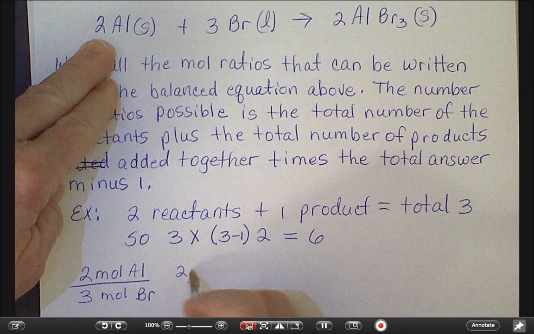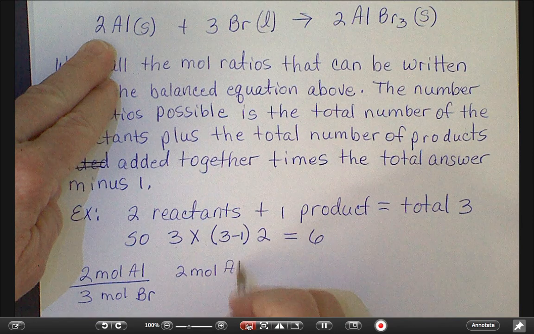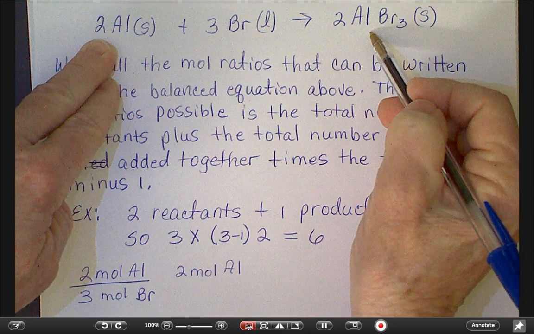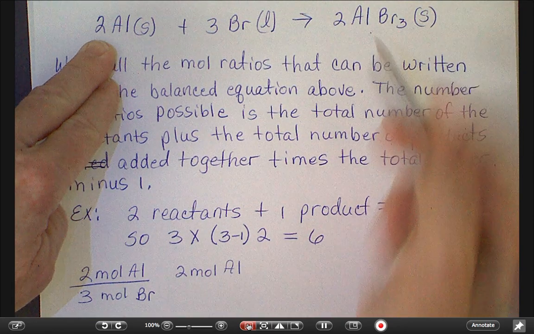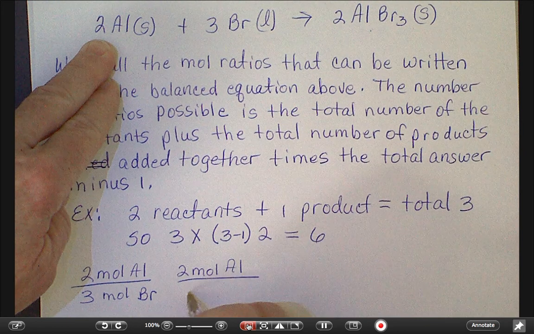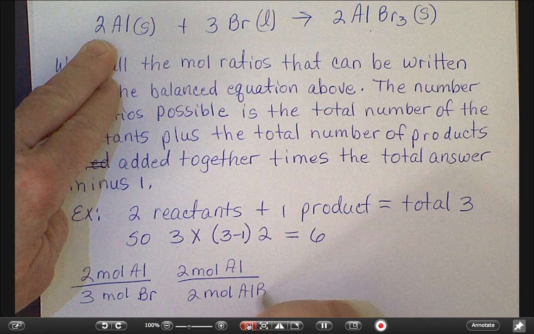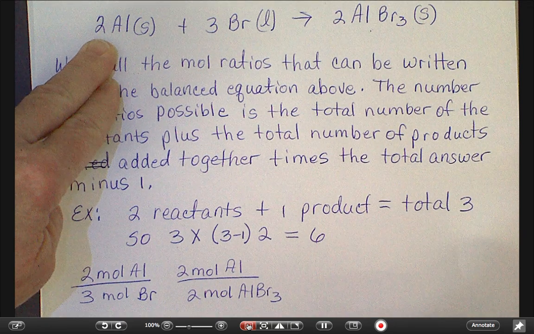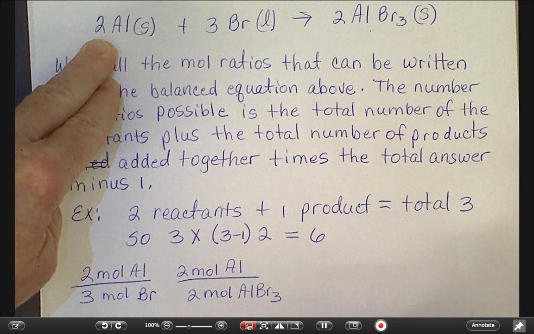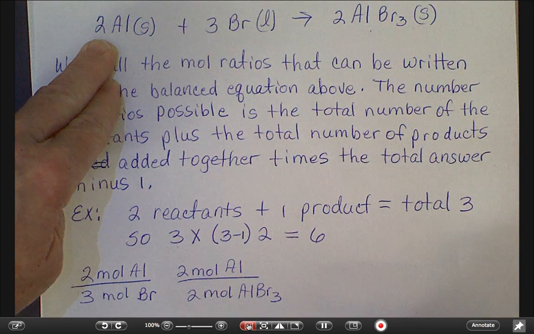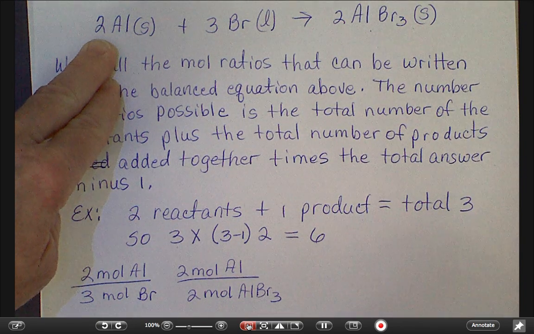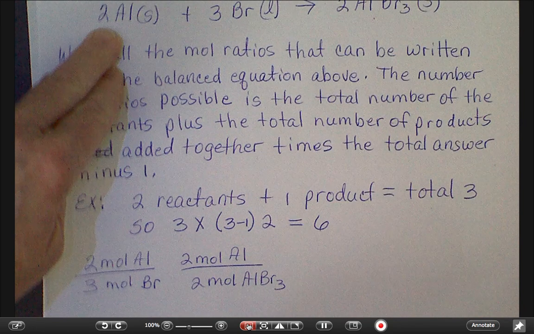So 2 mole of Al to what? This one right here. Yes, to 2 mole AlBr3. And I don't want you to reduce these down, even though they can. Sometimes I think it can confuse you. So we're leaving them as is.